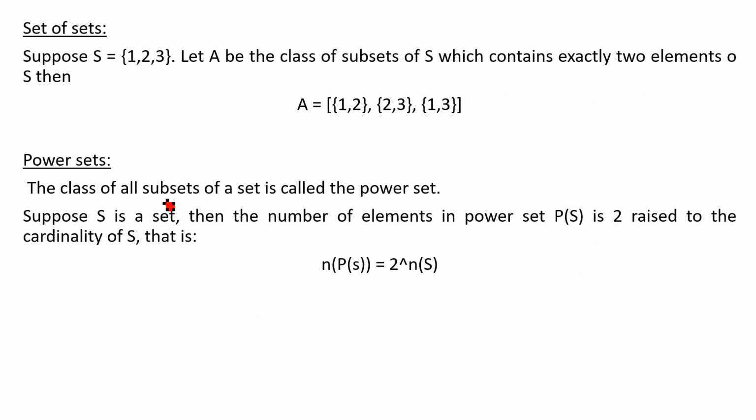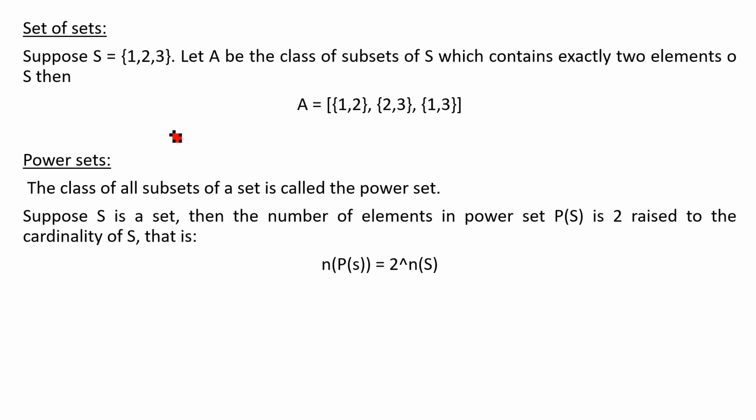We also have the concept of sets of subsets. Suppose we have the set S, capital S, which has the elements 1, 2, 3. We also have the concept of classes.